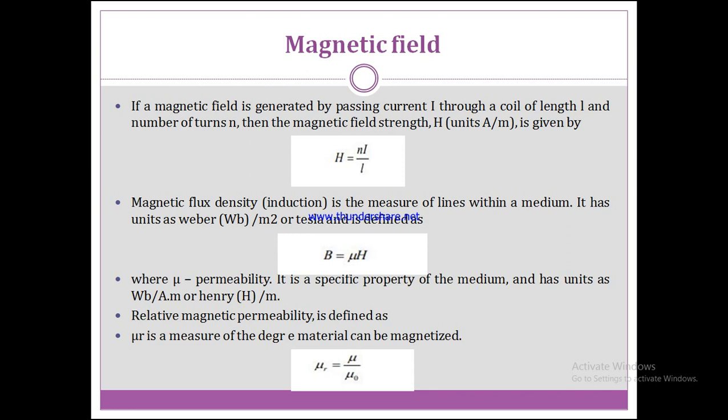The relative magnetic permeability mu r is a measure of the degree to which a material can be magnetized, and hence mu r is equal to mu divided by mu 0.